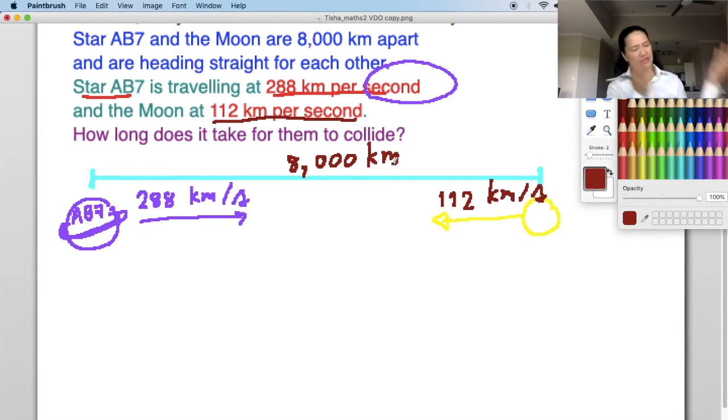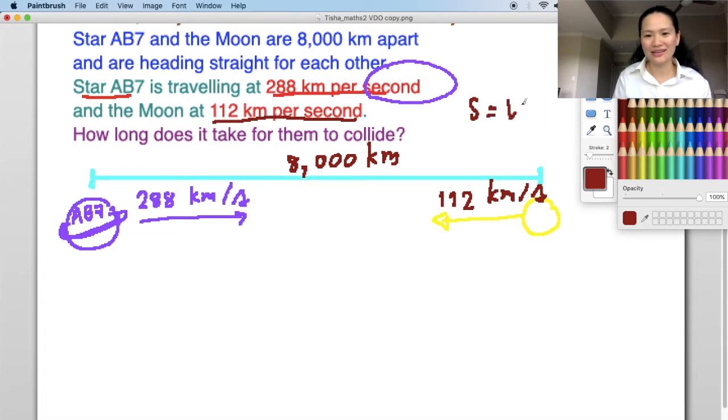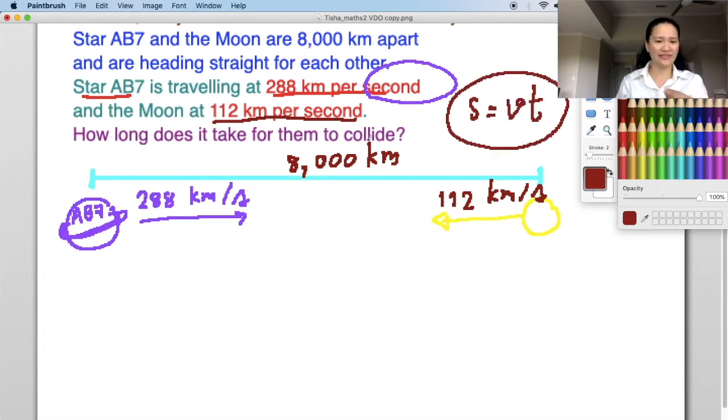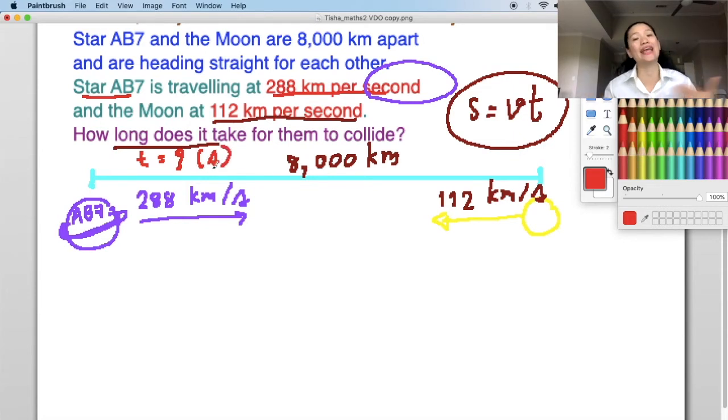It's quite similar to the first question. You have to remember our formula: distance equals V multiplied with T. How long does it take for them to collide? That means they hit each other. So they want you to find T, and the unit of T has to be seconds. How do we set up the equation together?